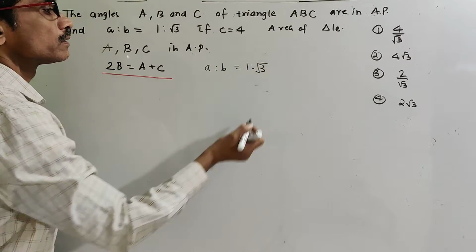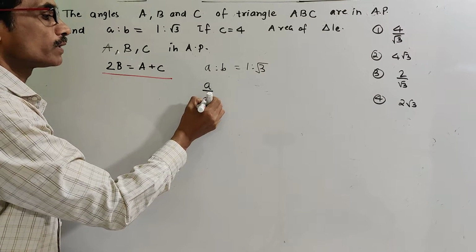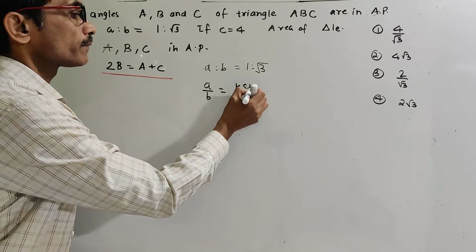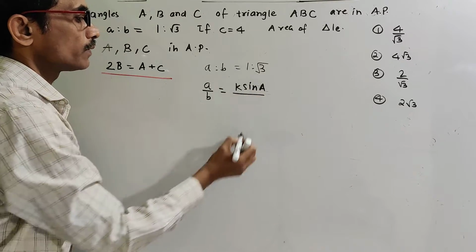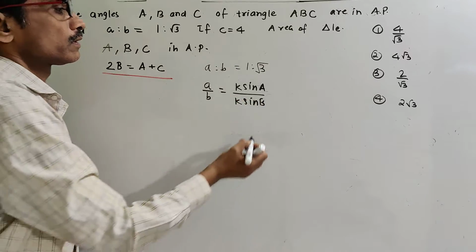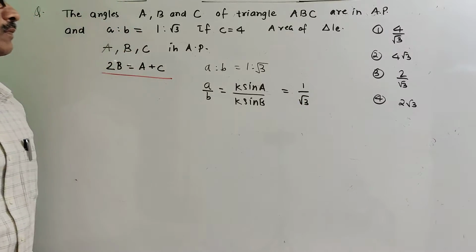Means we'll write a upon b, by sine rule, is k sin A upon k sin B, and this is given as 1 upon root 3.